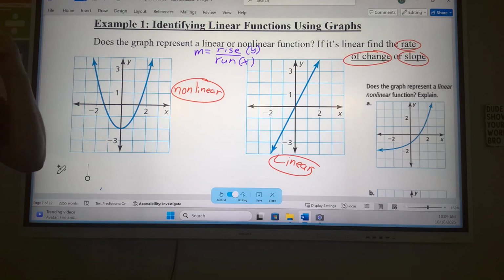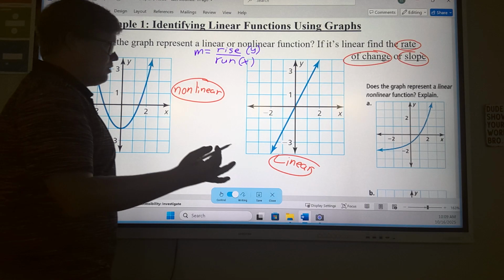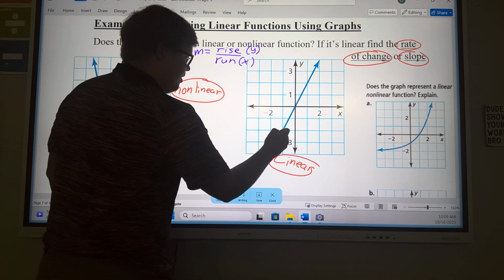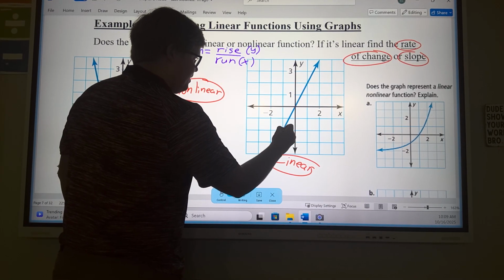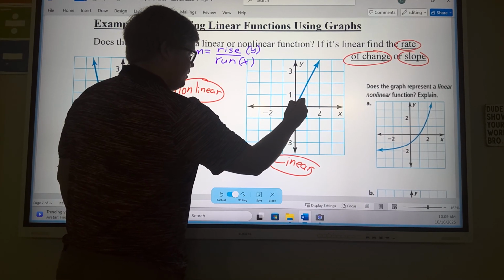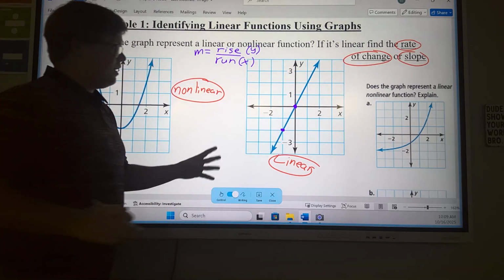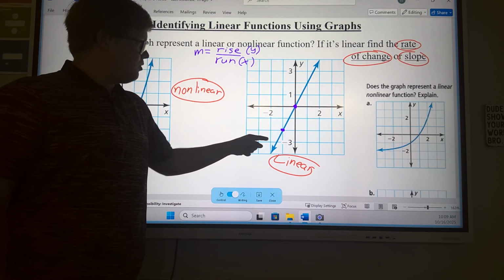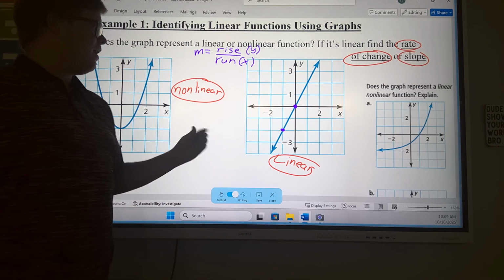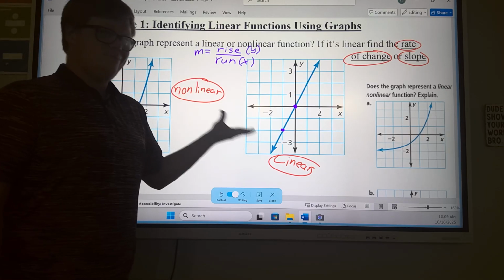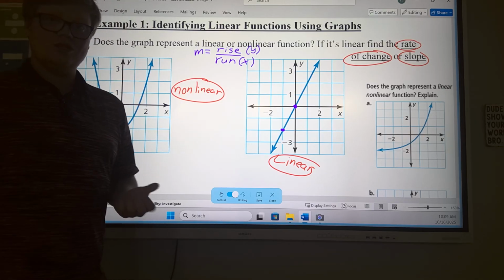Okay. Now the easiest way to find this is pick 2 points on the line. So I'm going to pick this one because I think this is pretty easy. And then the next point, I'm going to pick this one. Now the reason I chose those two is because at each of these points there's a cross mark, right? That means that's a for sure defined point that we can use to test what the slope is.